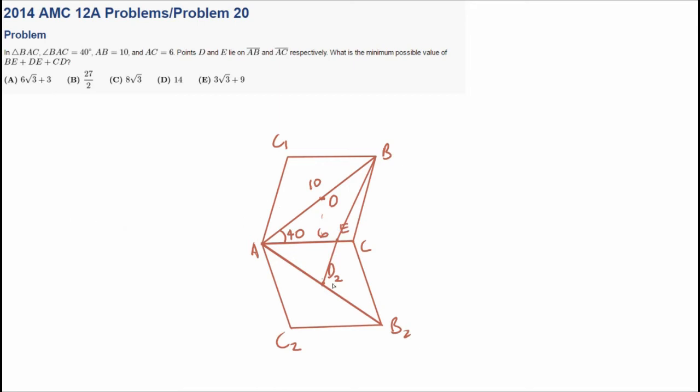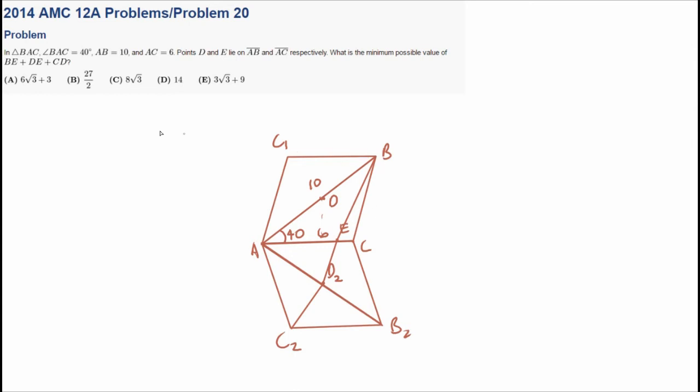And, of course, the next one we're going to draw is from D to C. And instead of D to C, we're going to draw D2 to C2. Since it's a reflection, D2 to C2 is equal to DC. Hopefully you can see where I'm going here.